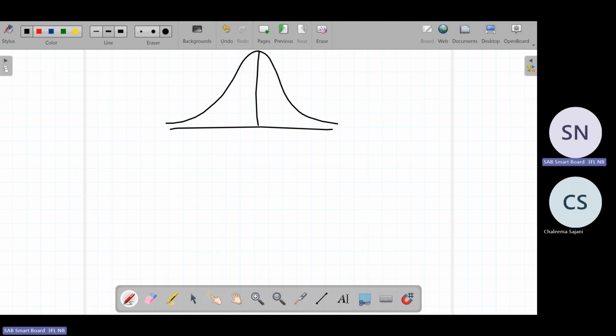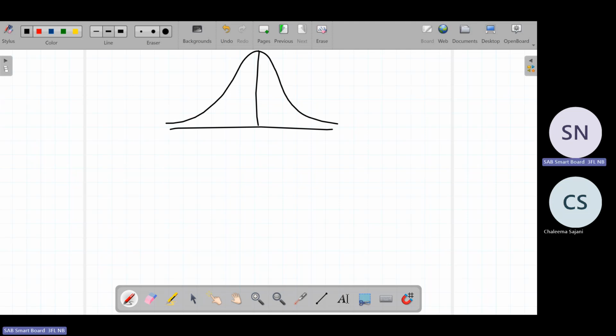This is our middle point now. This middle point represents the central tendency measurements. Now you know central tendency measurements. Tell me, how many central tendency measurements are there? You did quiz number 1.